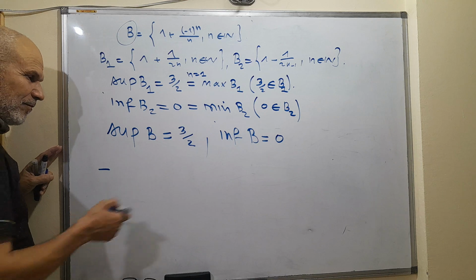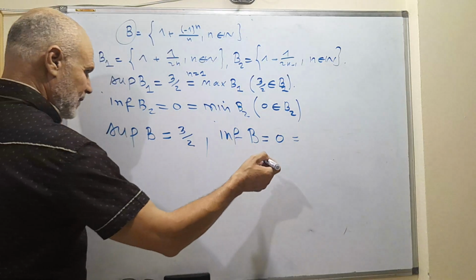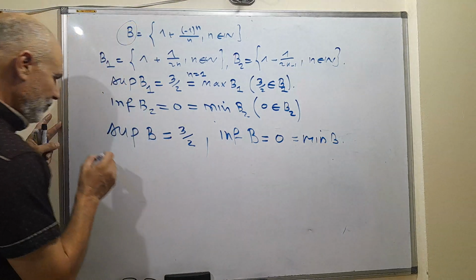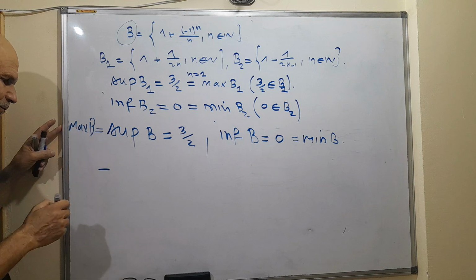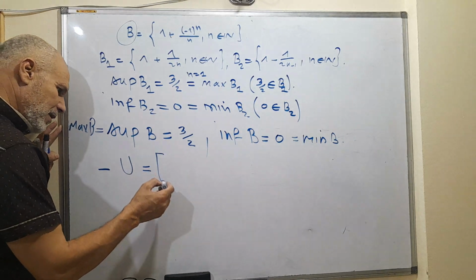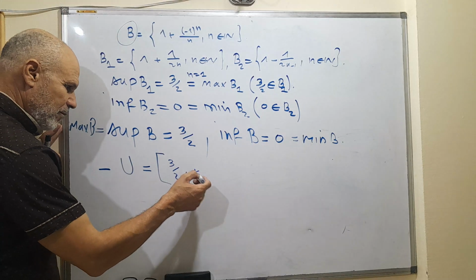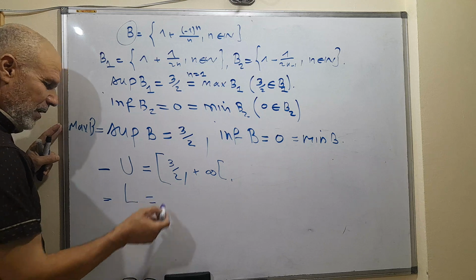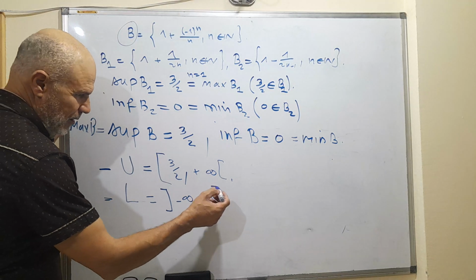Bounds: this is equal to the minimum of B, and this is equal to the maximum of B. The upper bounds are the set from 3 over 2 to plus infinity. The lower bounds are the set from minus infinity to 0.